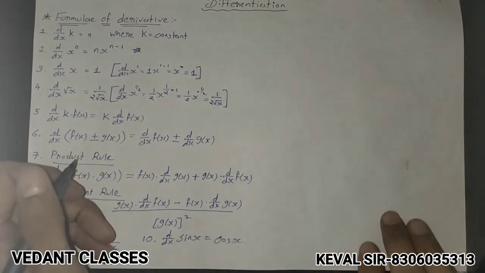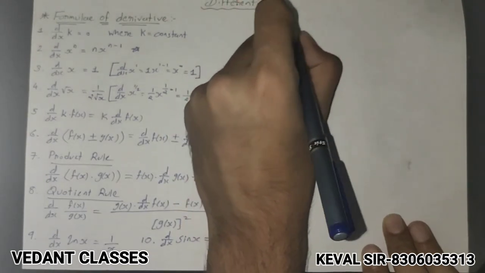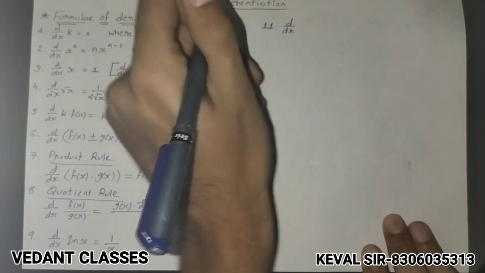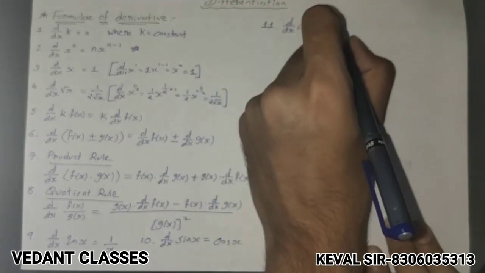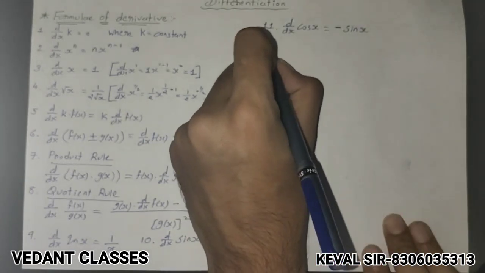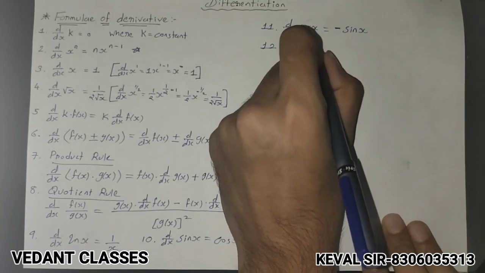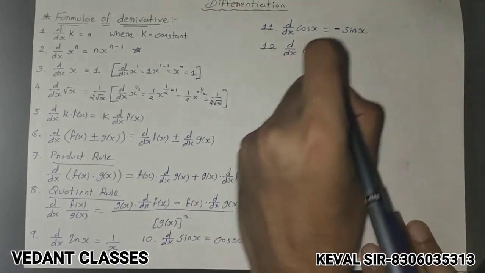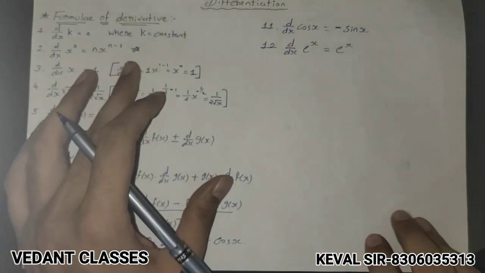Then number 11, d by dx of cos x is equal to minus sin x. In 12th, d by dx of the exponential function. For the exponential function the answer remains the same. The derivative of e raised to x is e raised to x.